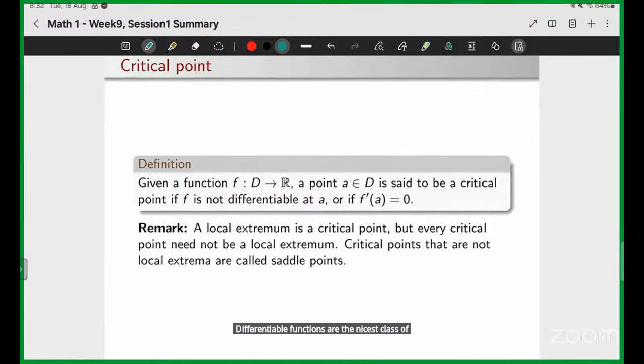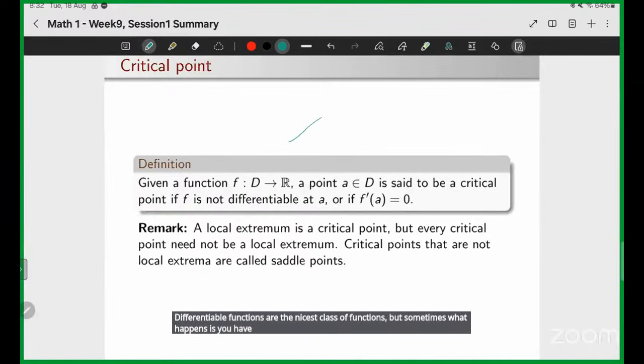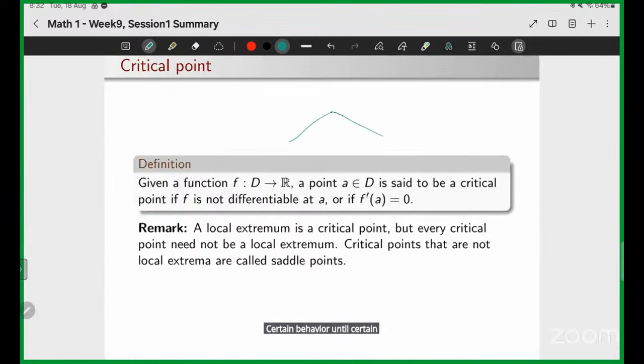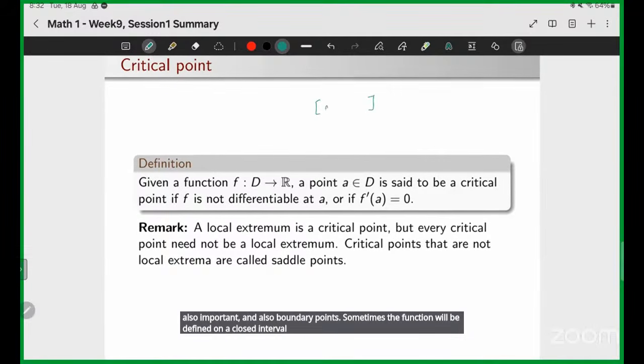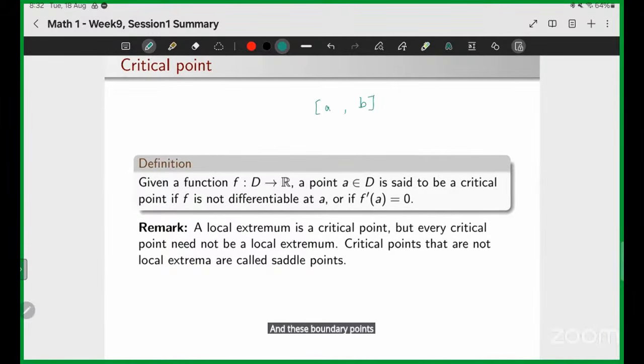But sometimes you have certain behavior until a certain point and then different behavior, and you might encounter a sharp edge where the transition takes place. And those points are also important. And also boundary points, sometimes the function will be defined on a closed interval. And these boundary points are also important. Once again, this will all be clear when I give an example.